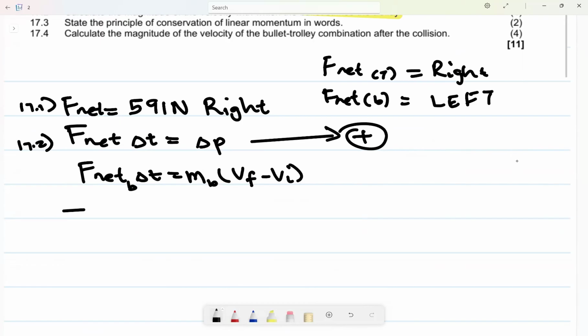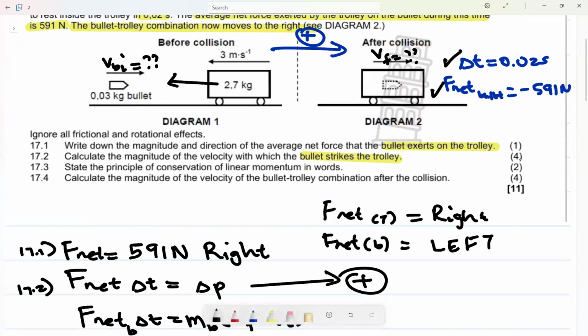I need to know something first. Calculate the magnitude of the velocity with which the bullet strikes the trolley.